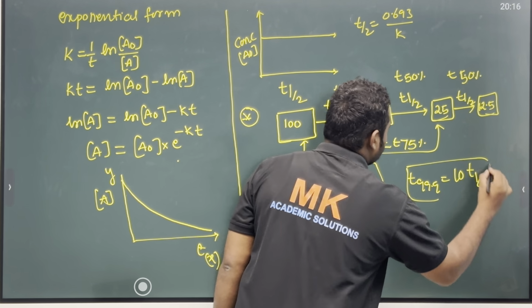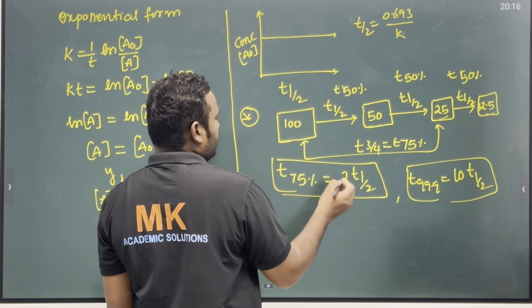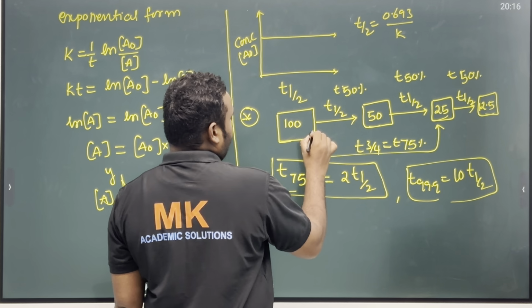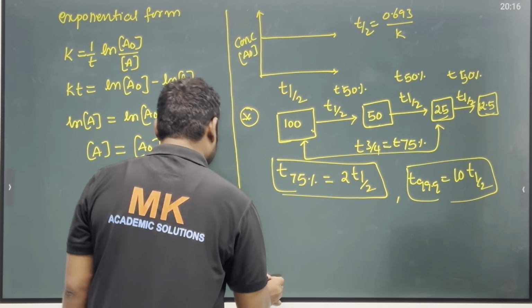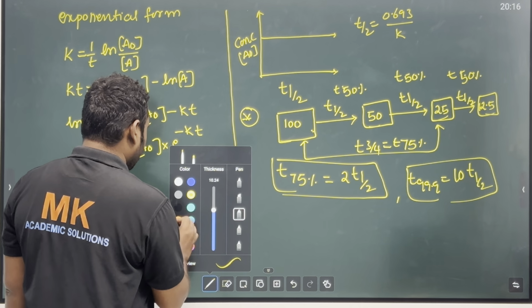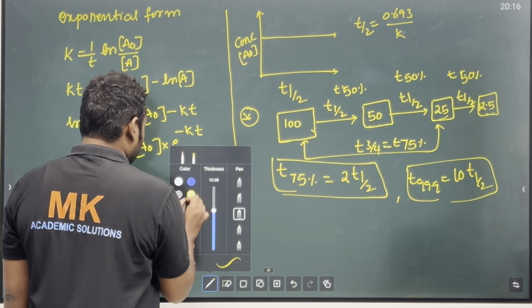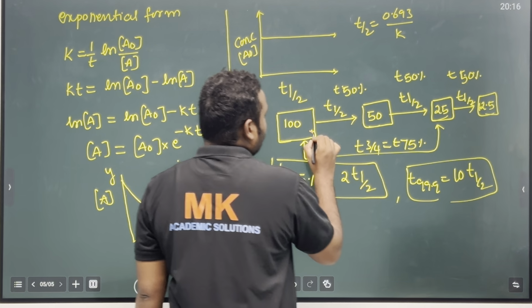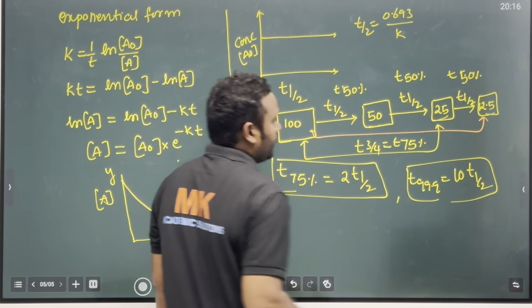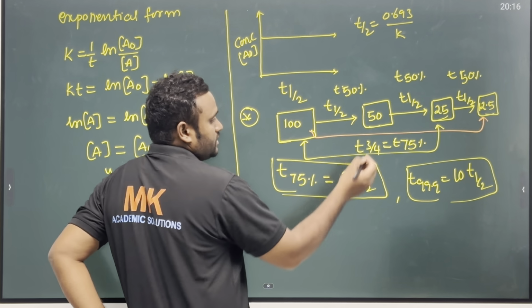So you can make it like this, or else here only you can see one more relation from 100 to 12.5, you see. So here what is this?